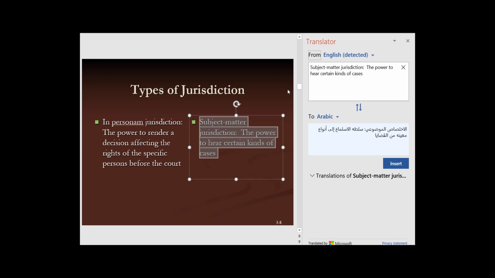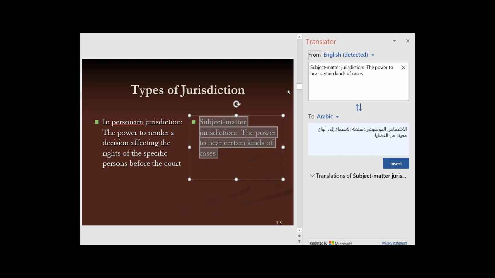if you have a federal case, there are specific ways to get into federal court. One is subject matter. Subject matter means that you have to go to a federal court if you have any of these problems.